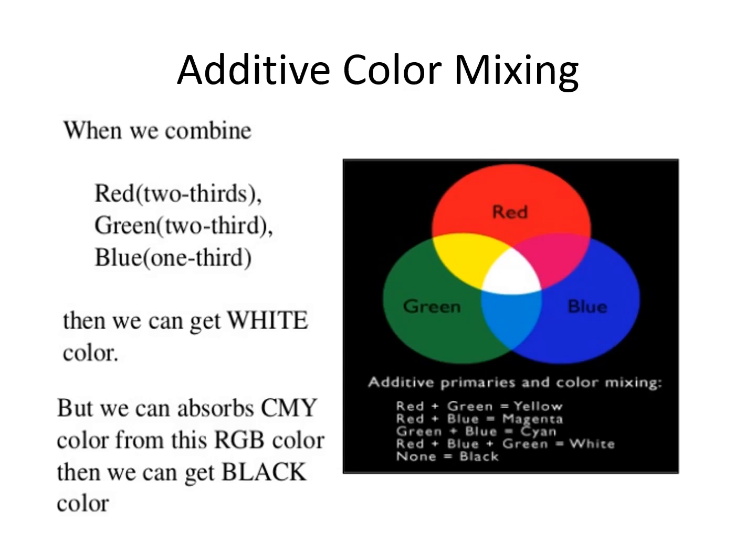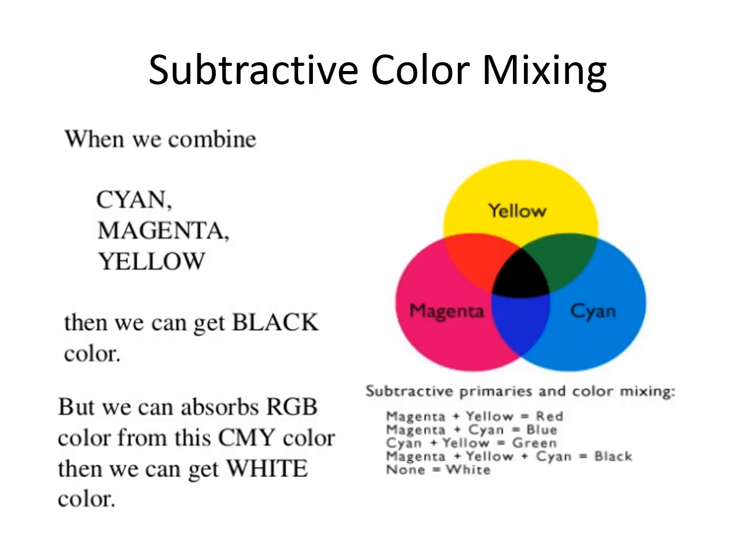So these are the additive primaries and the color mixing concept. If we mix red and green, we get yellow; red and blue, we get magenta. When we mix green and blue in the right proportion, we get cyan. Mixing red, blue and green, we get white. With none, finally we get black.